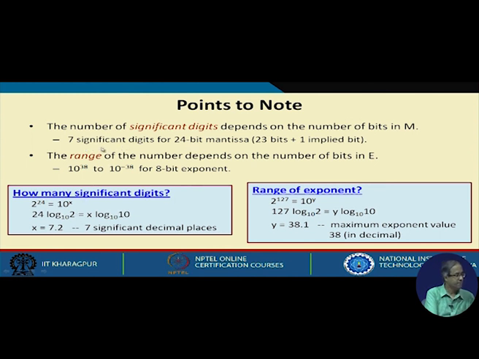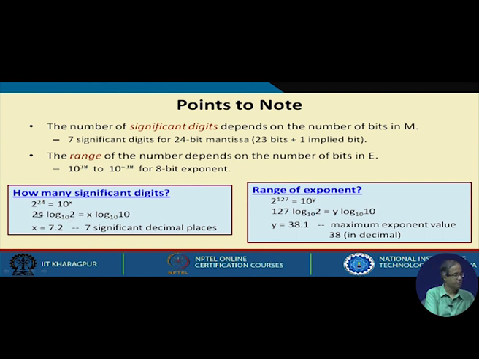It is very simple. In binary you have 24 bits, in decimal how many digits? So, you use this equation: 2 to the power 24 equals 10 to the power x. You take logarithm on both sides, log 10 to the base 10 becomes 1, and log 2 to the base 10 is about 0.3.